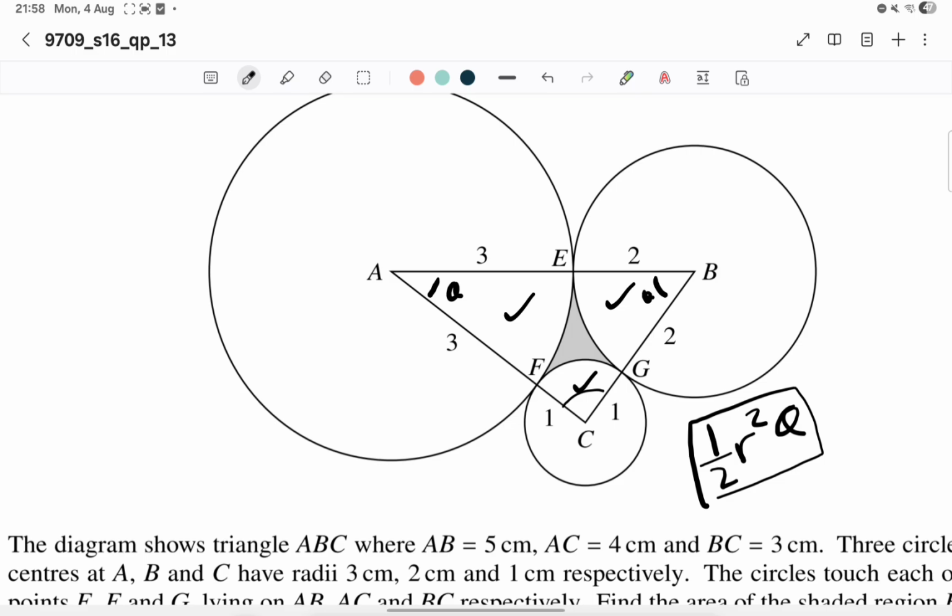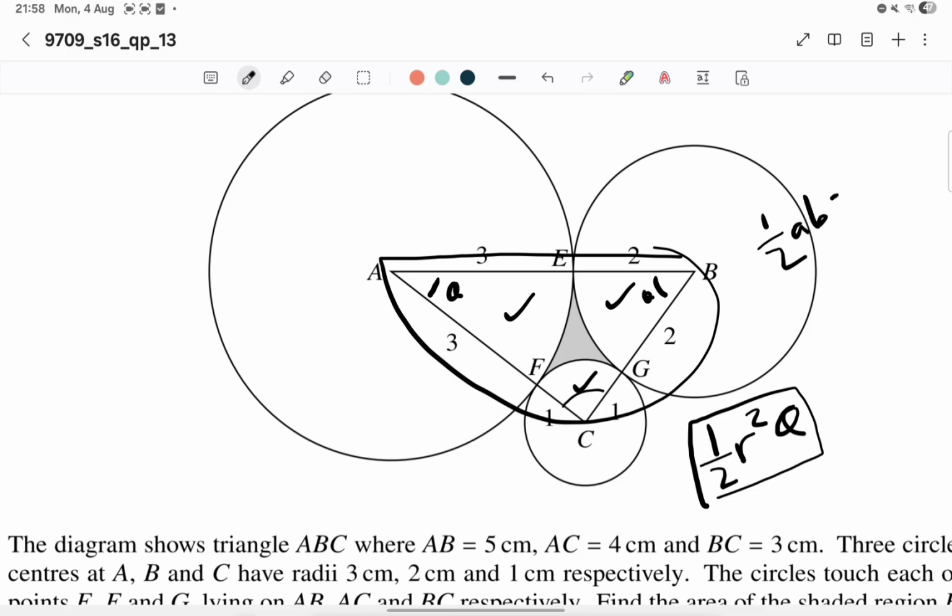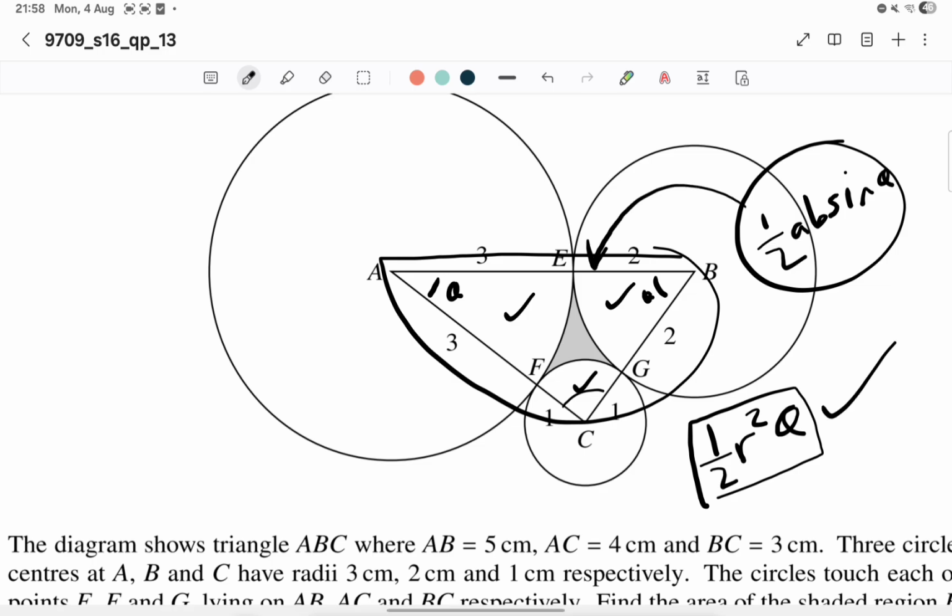With one of those angles, we can also get the area of the triangle by using half AB sine theta. So we're going to use this to get the area of the triangle. Then we use the angles to get the areas of these unshaded regions, which are sectors.